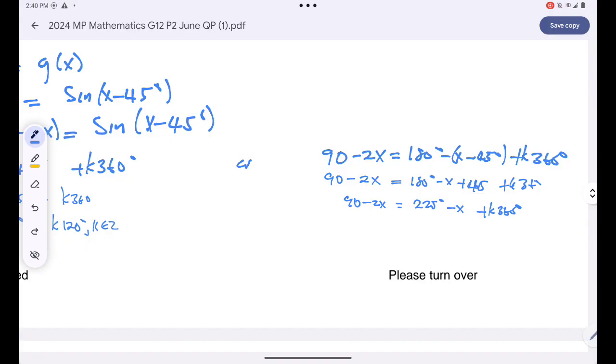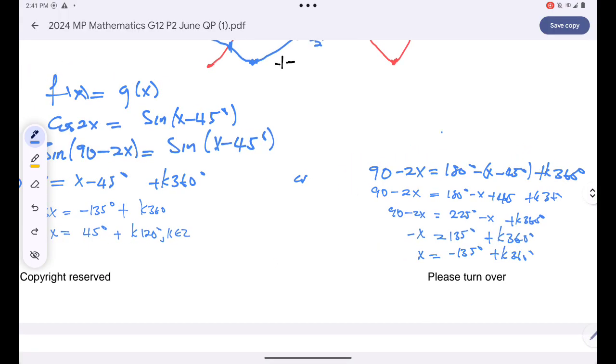And then 225 minus 90 will simply give me 135 on the right hand side. Over there I'll simply have negative 2x plus x is just negative x plus k 360. Therefore x is just equal to negative 135 degrees plus k 360. So this will just give me my general solution.